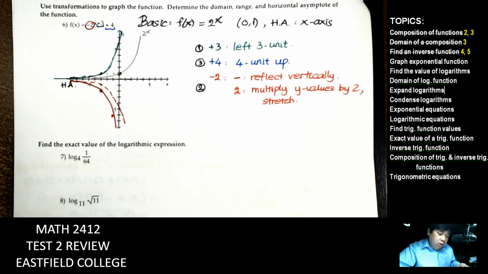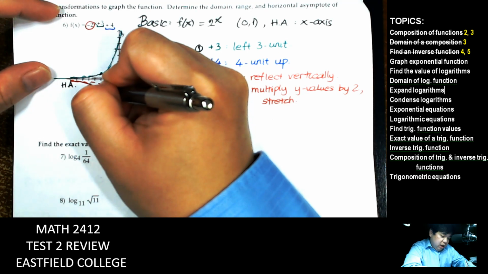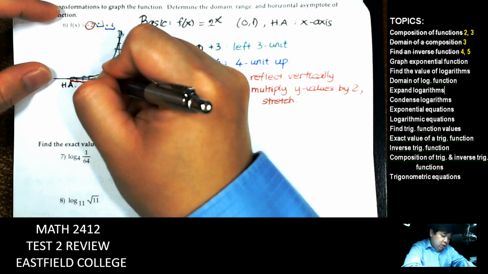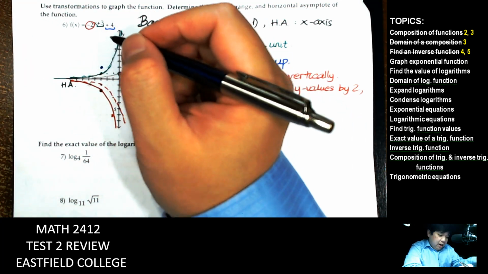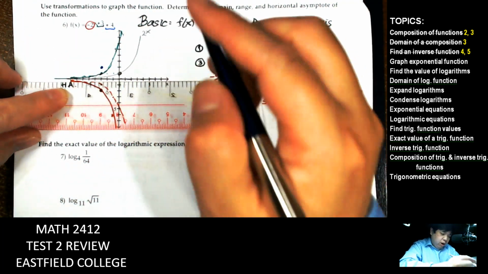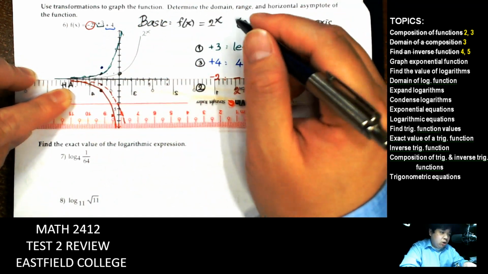Right, and finally, we move up 4 units. So this is -2 originally, 1, 2, 3, and 4. And the horizontal asymptote originally, right now, is y equal to 0, or the x-axis.